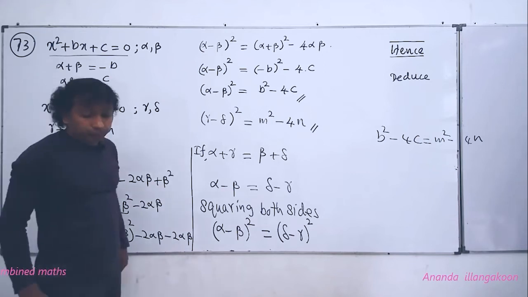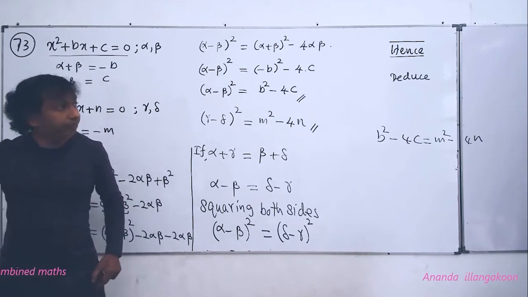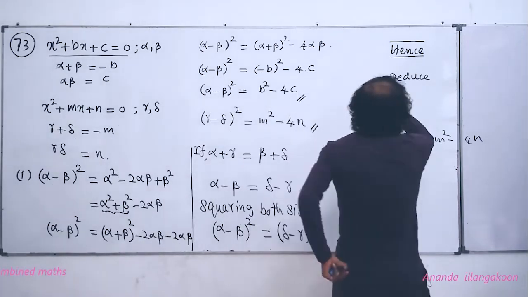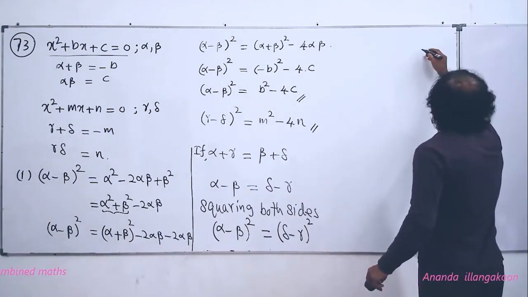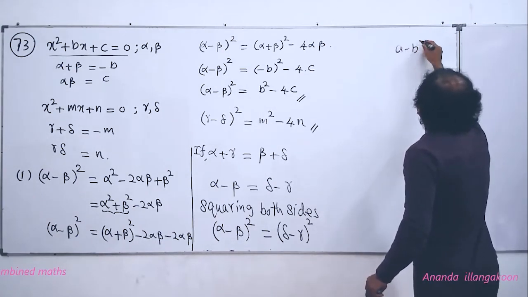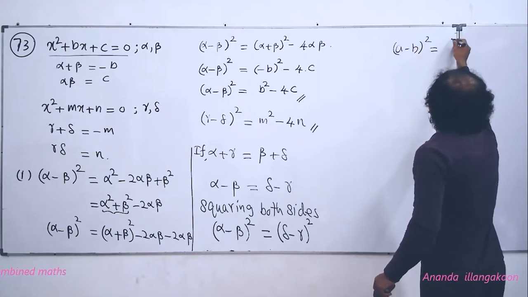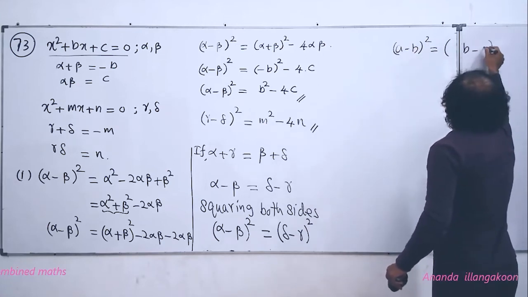People, you know this result. A minus b perfect squared is the same as b minus a perfect squared.